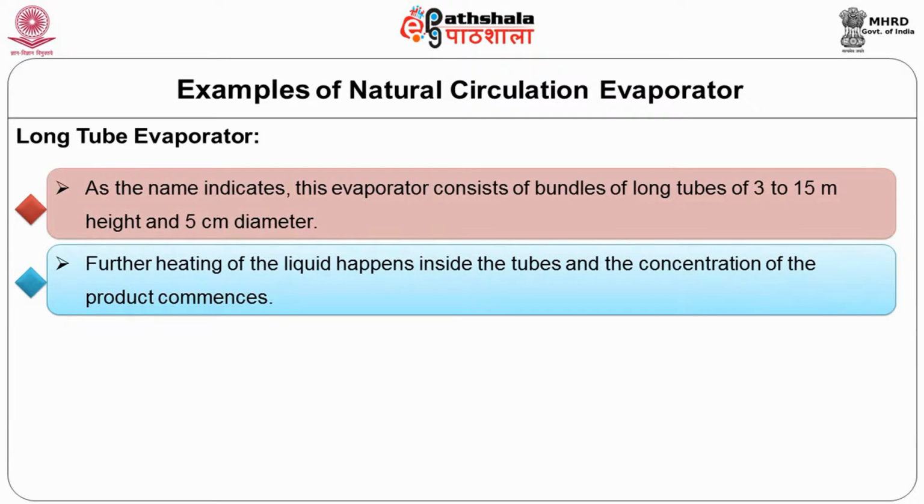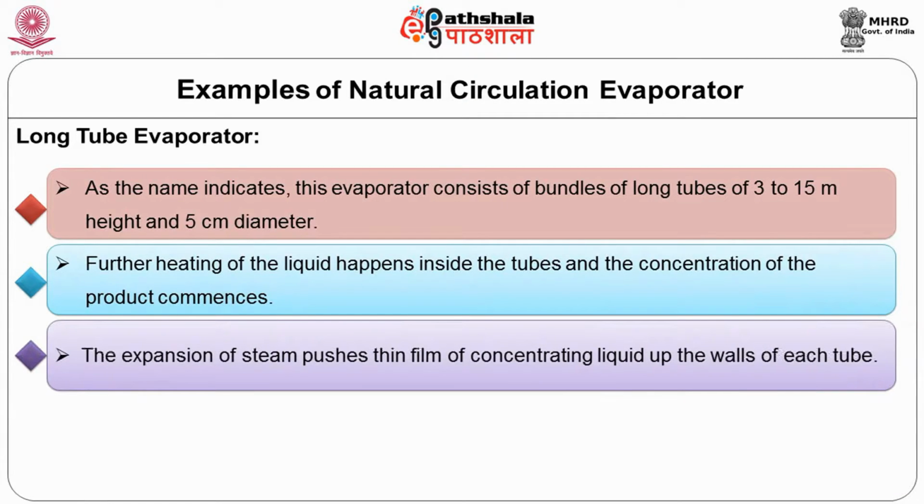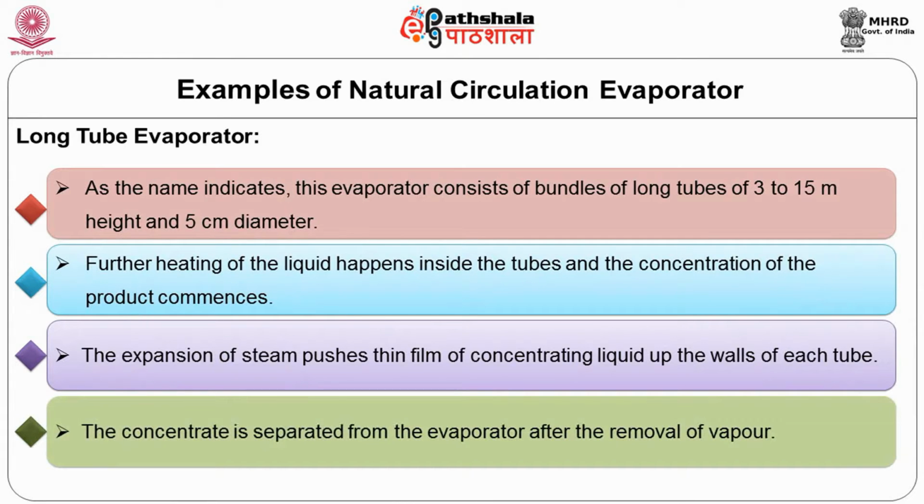Further heating of the liquid happens inside the tubes and the concentration of the product commences. Expansion of steam pushes a thin film of concentrating liquid up the walls of each tube. The concentrate is separated from the evaporator after the removal of vapor.